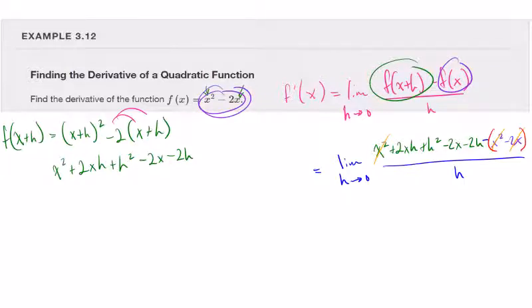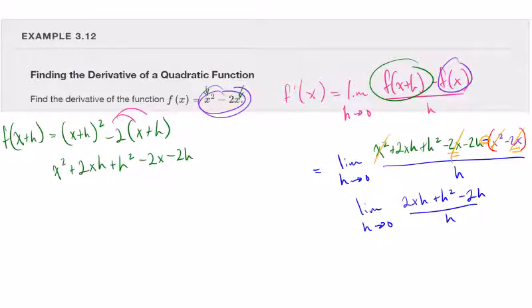So it's actually negative 2x minus negative 2x, so those do end up canceling out. And then we have x squared minus x squared, and so those will cancel out. All right, no more like terms, and so I'm going to bring down what I have left. So it's 2xh plus h squared minus 2h all over h.